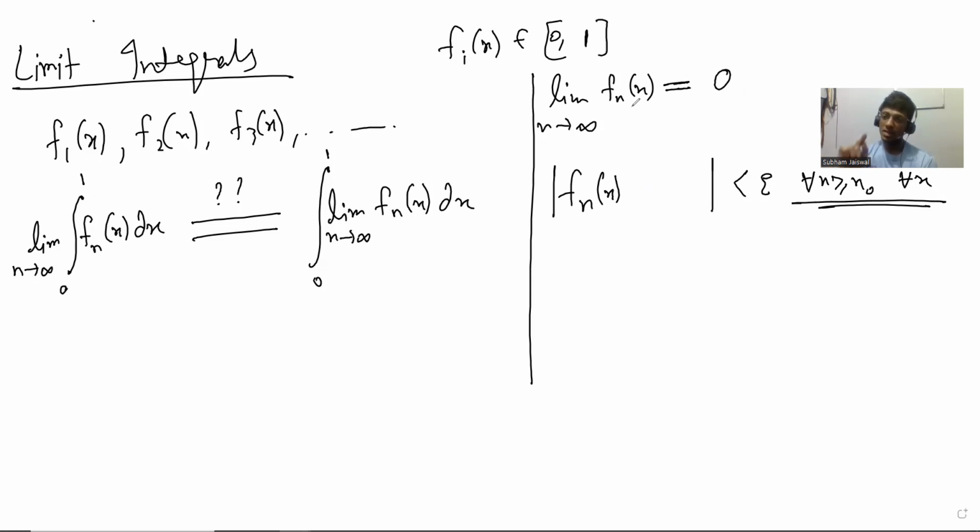But this limit is 0 in a strong way, meaning that given any epsilon, you can find the n naught such that for all n bigger than that n naught, and for all x, this is less than epsilon. If this happens, this is more than just converging. This is more than just saying that for every x naught, the f_n values go to 0.